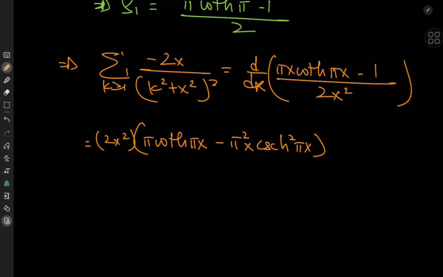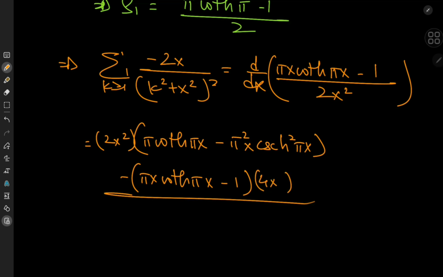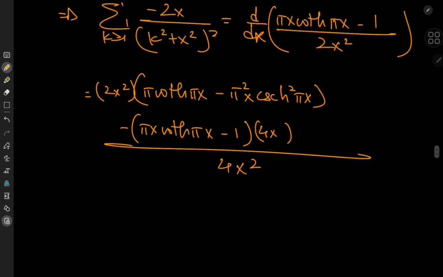And I have this plus, no, it's a minus sign. Pi times x times hyperbolic cotangent pi x minus 1 times 4x, correct? Okay, all of this needs to be divided by 4x squared. And I need to plug in x equal to 1.